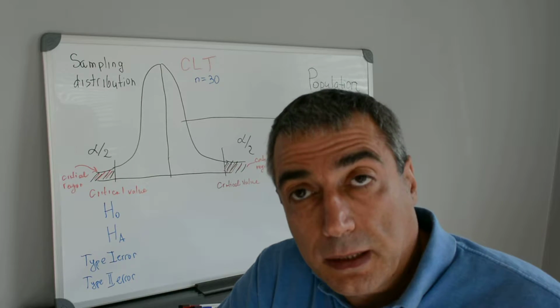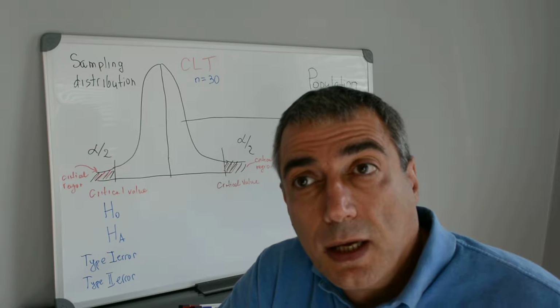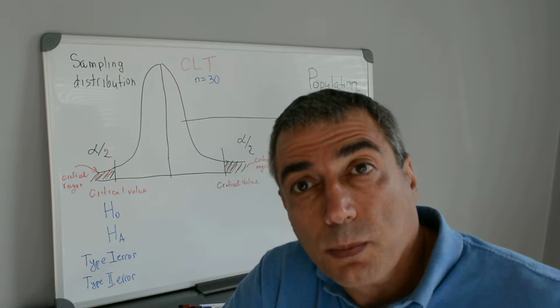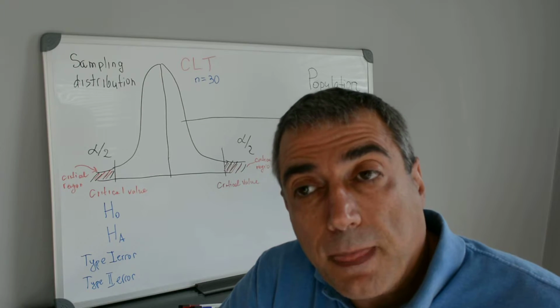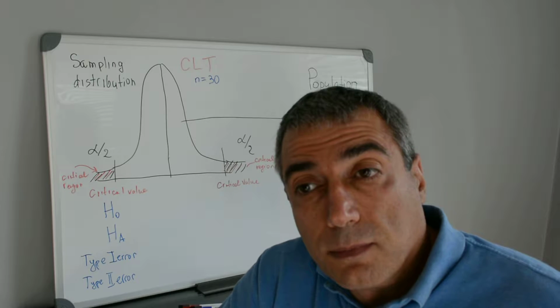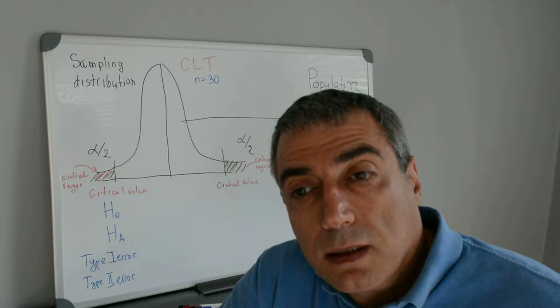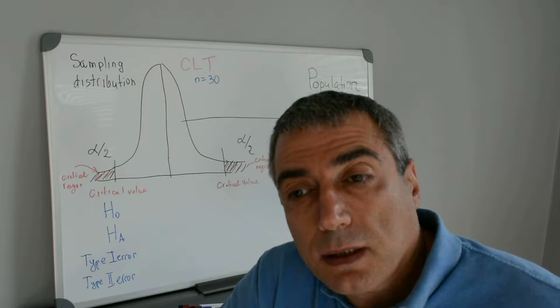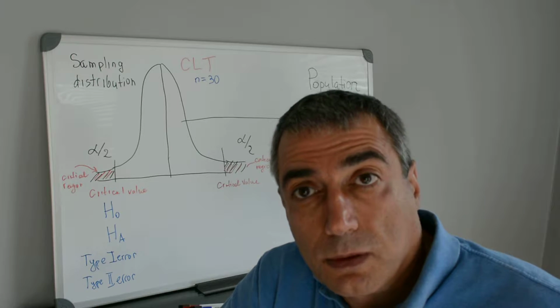If we collect a substantial number of samples from the population, with a cutoff value of 30, then we could ignore whether the underlying population is normal or not.